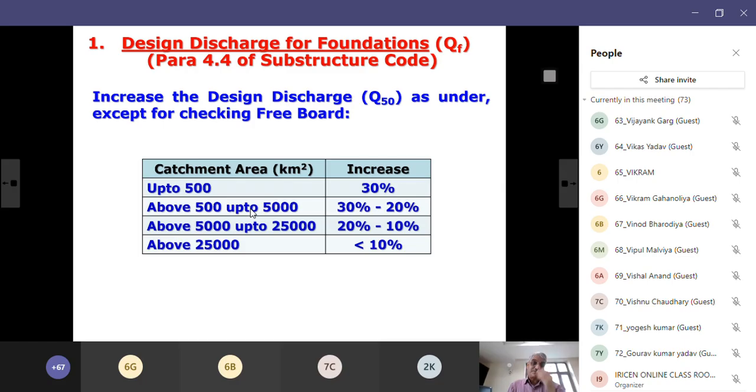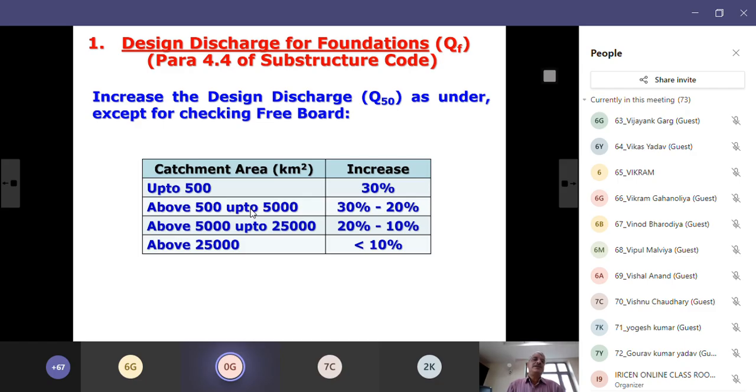I think for larger catchments, the difference between maximum rainfall and average rainfall will keep on reducing. I mean, the estimate which we are making, a guess for maximum rainfall, whatever formulas we are using.